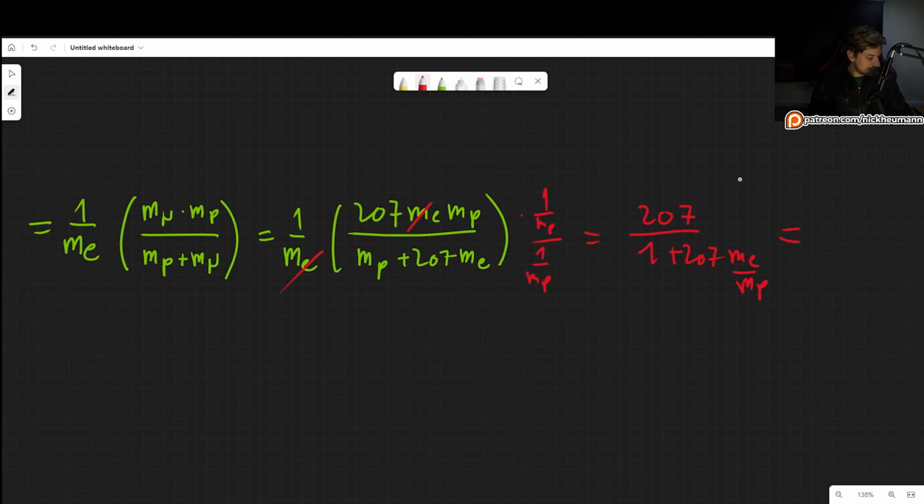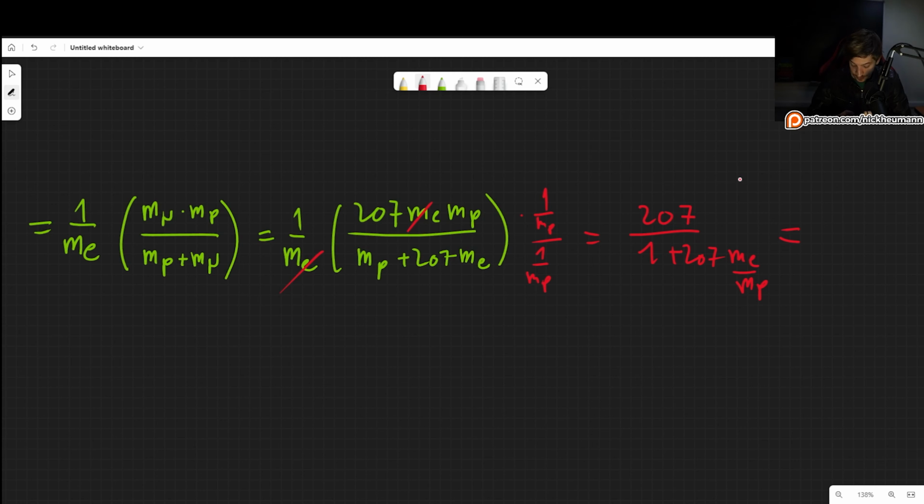Okay, and what is this? Let's just plug it into our calculator. That is 207 times the mass of the electron, which is 9.1 times 10 to the minus 31, divided by the mass of the proton, which is 1.67 times 10 to the minus 27, which gives us 0.11. We add 1, and then we raise this to the minus 1.